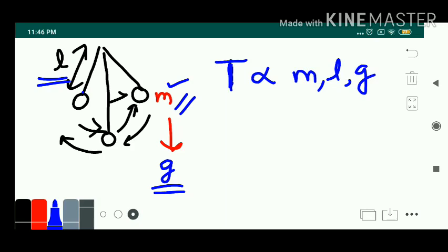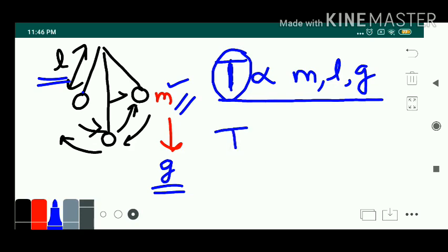If it is so, what will be the expression or equation of the time period? This is how the questions will be asked, guys. You will be given some terms on which your physical quantity depends, and then you will be asked to find the exact equation of the physical quantity.